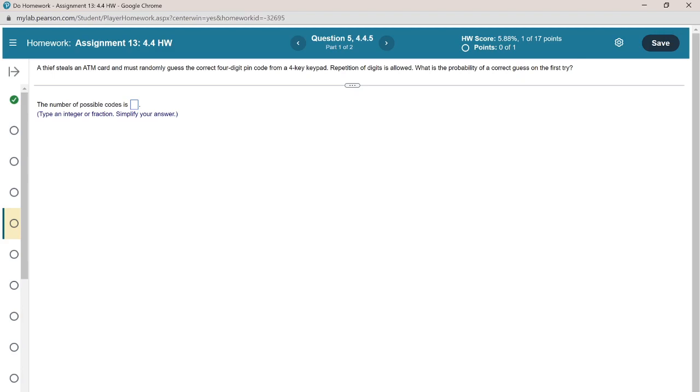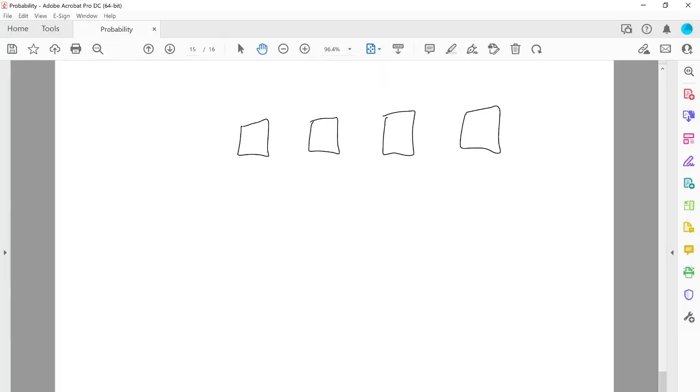If you read the question carefully, repetition of digits is allowed. So for the first digit there are 4 possibilities, and because repetition is allowed, the second, third and fourth also have 4 possibilities each. Altogether it's 4 times 4 times 4 times 4, which is 4 to the power 4.